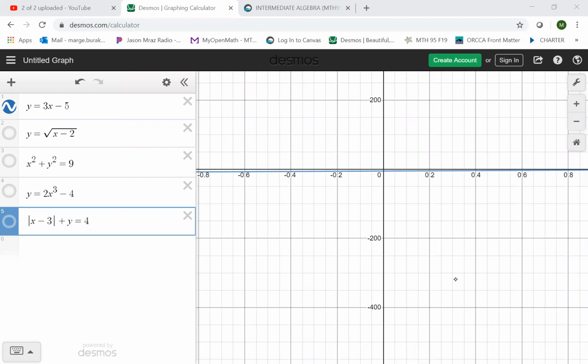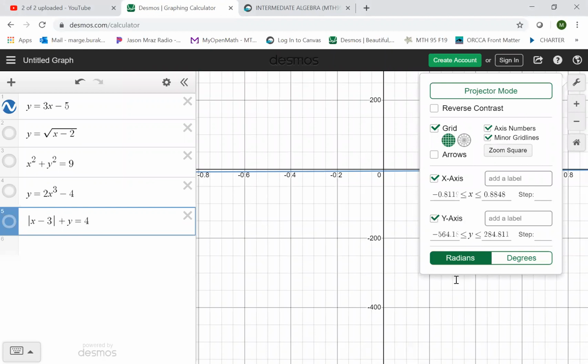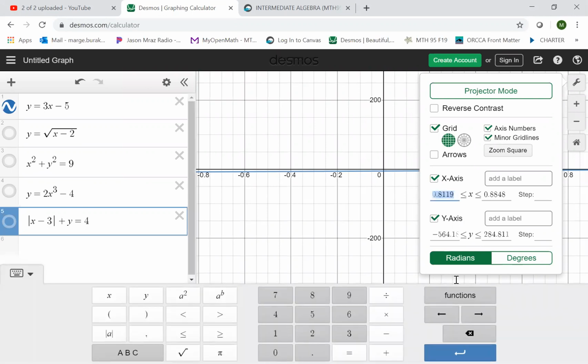It looks horrible. So if I want, I can get a table, but if I just change the grid to, let's go, I wish I could just go back to normal, but let's just go from negative 10. We don't need this.